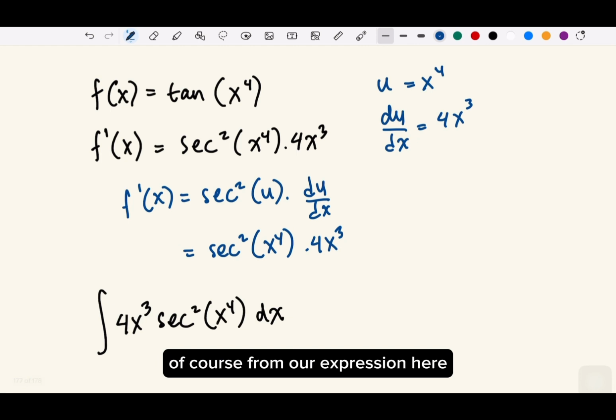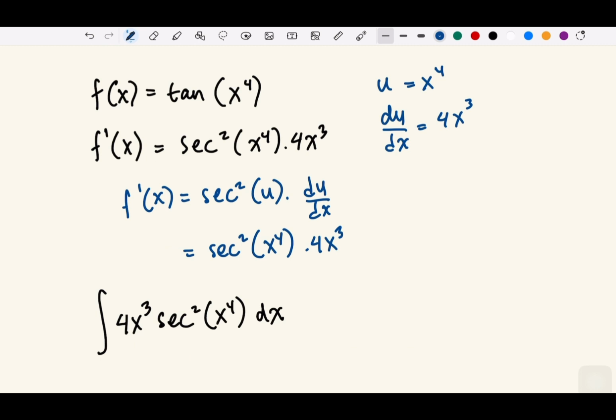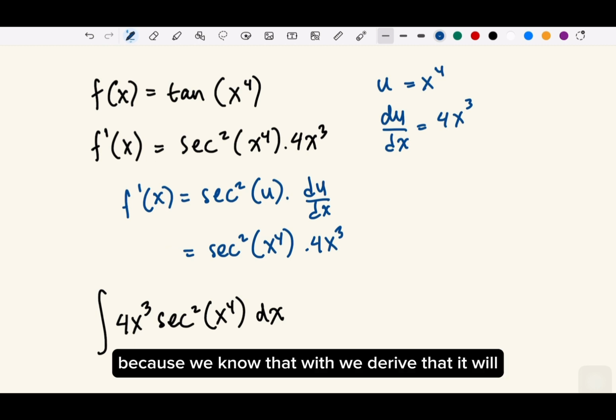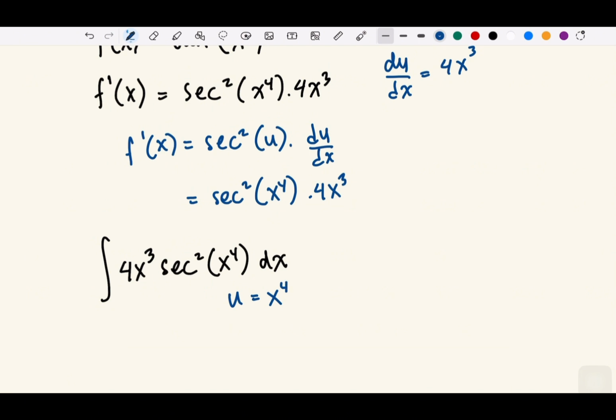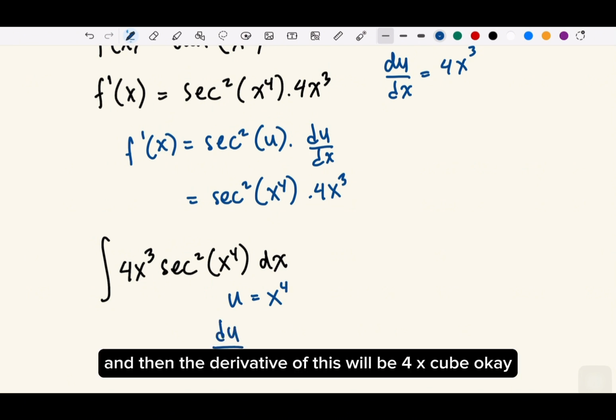of course from our expression here, we suggest that u is x to the power of 4. So let's start taking u as x to the power of 4, because we know that if we derive that, it will end up with 4x cubed. So let u be x to the power of 4, and then the derivative of this will be 4x cubed.